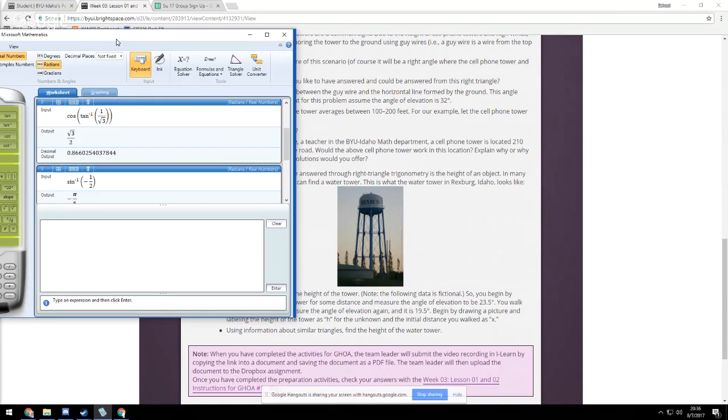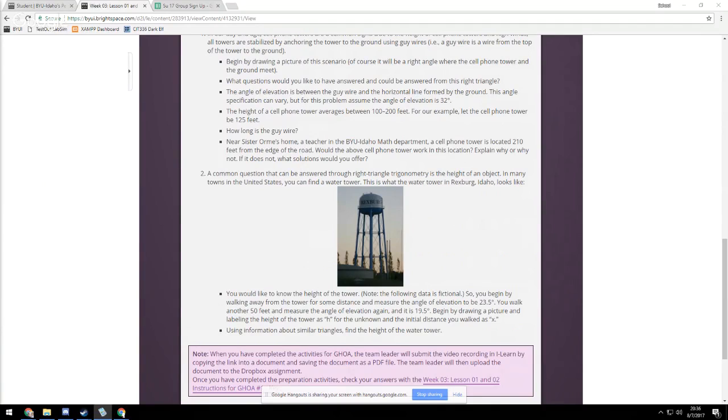Plug these into my calculator. So we have, I'm just going to say 236 for the guy wire. So we have the square root of 236 squared minus 125 squared.